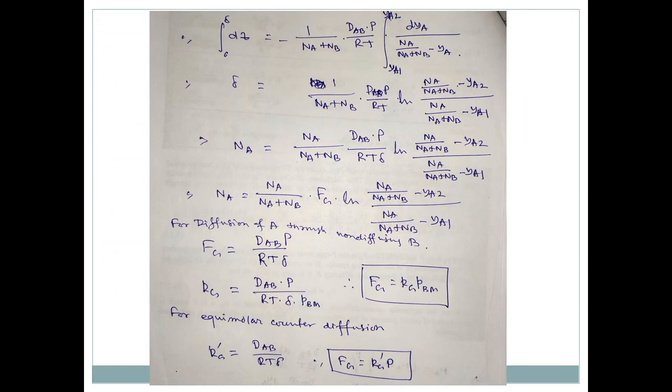There are 5 mass transfer coefficients for diffusion of A through non-diffusing B, and another 5 mass transfer coefficients, denoted with a prime, for equimolar counter diffusion. Thereafter we saw the expressions of the different types of mass transfer coefficients and the relations between them.